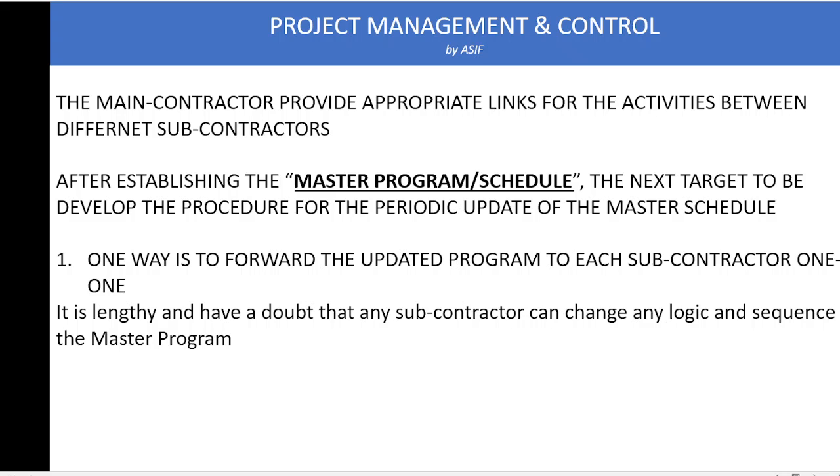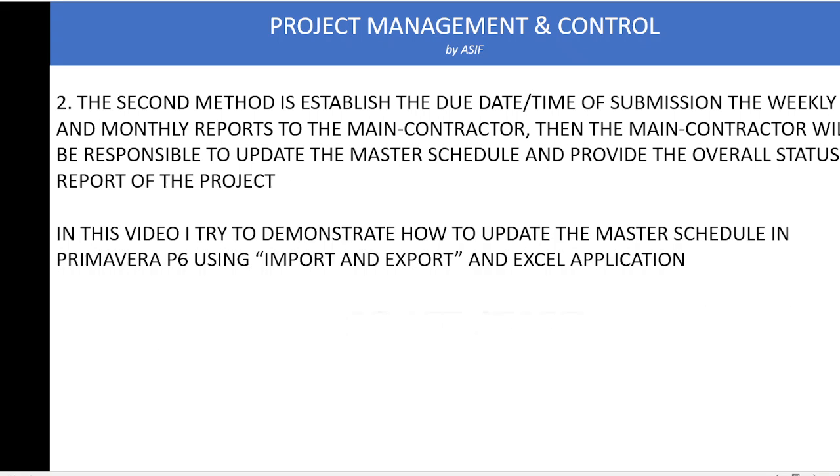To avoid this scenario, it is preferable to adopt a different procedure, where the main contractor assigns the time and date for submission of the weekly and monthly report by the subcontractors, and then the main contractor incorporates the subcontractor reports in the main contractor report and updates the master schedule based on the information received from the different subcontractors.